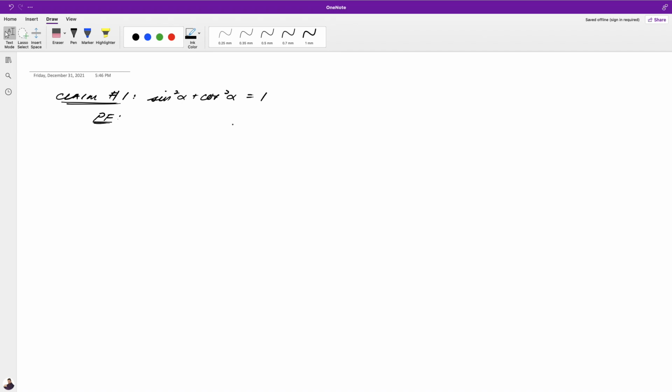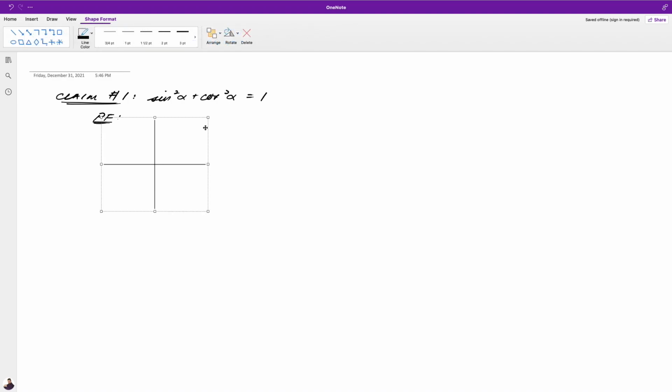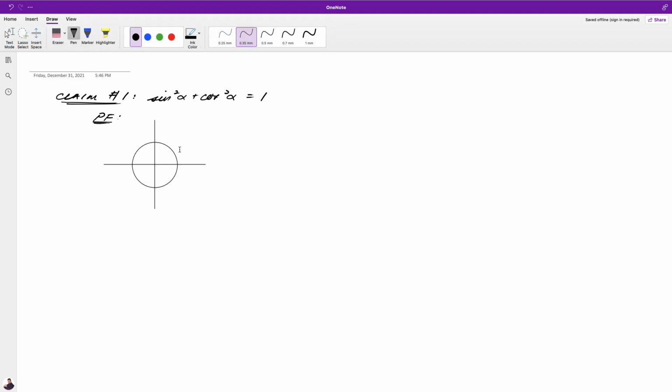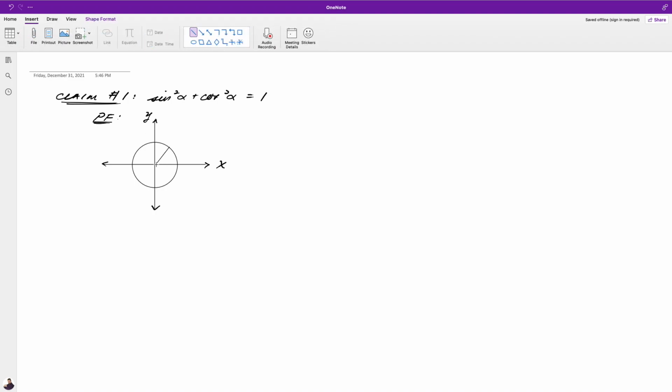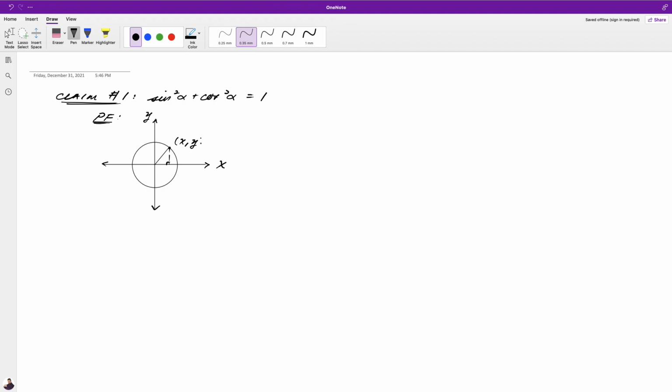I think I'm just going to use a basic polar coordinate rendering here. Shouldn't be very hard to do this. If you have a standard Cartesian plane and a circle here, for any point x comma y, we are going to have a right triangle.